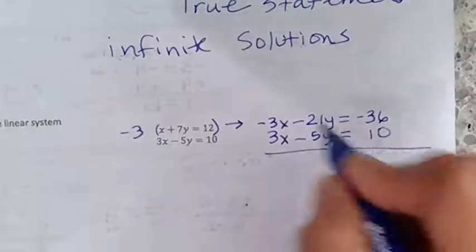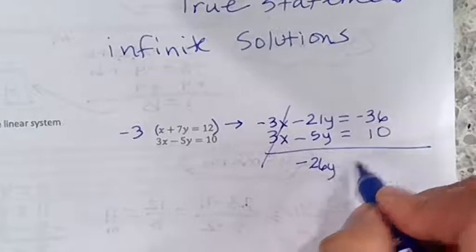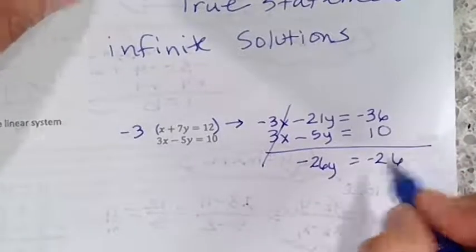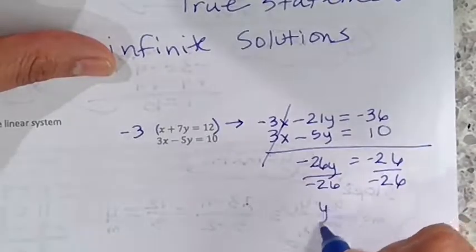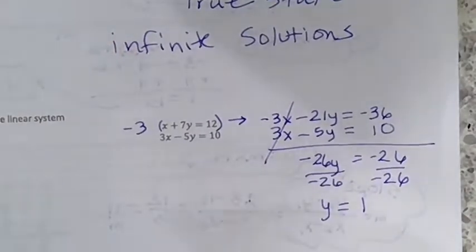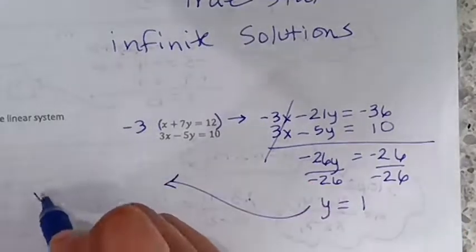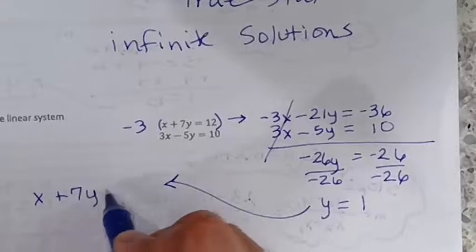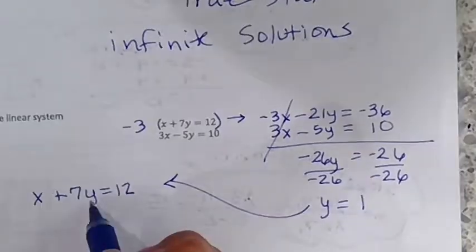Do the math, so that cancels. You're left with -26y equals -26. Divide by -26. Y is equal to +1. If y is equal to +1, got to plug it back in. Which equation should I pick? I'll just pick the top one. If y is 1, where do you plug it in for y?